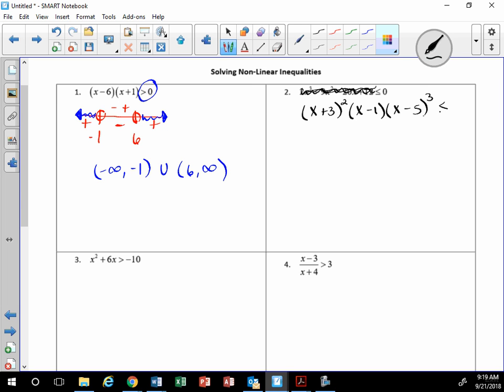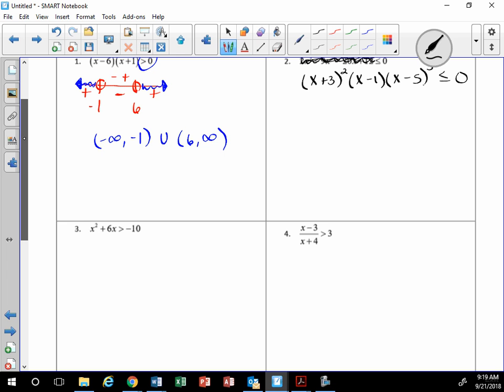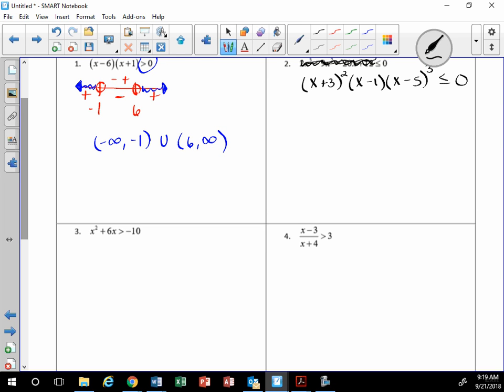We'll stick with less than or equal to 0. So you can do your number line. If you really wanted to sketch the polynomial, you absolutely could, and you're telling me when is it at or below the x-axis. Okay, so I'll let you guys try that.